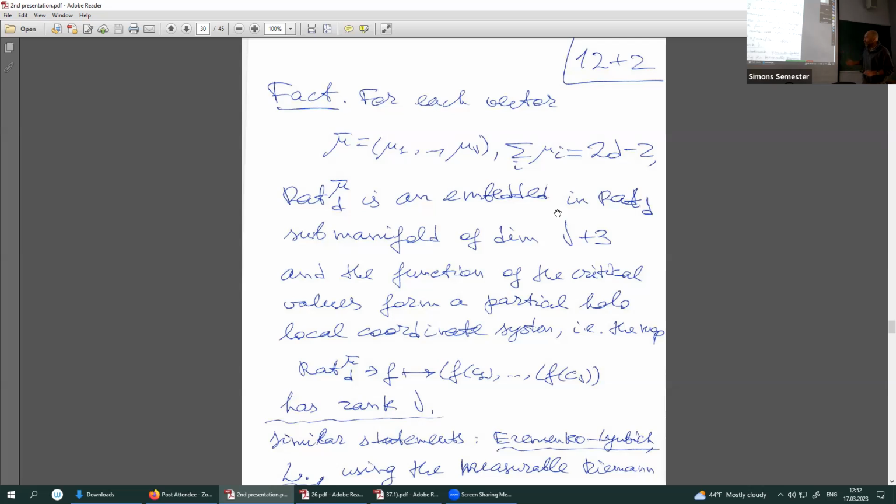Okay, so now we have, given f, this submanifold of functions which preserve critical points with the same multiplicities as f, okay?